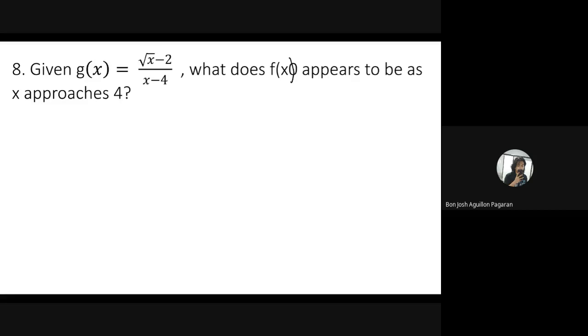Wait, bala ko tubig ha. What's difficult with answering number 8? You don't know what to do? Come on.